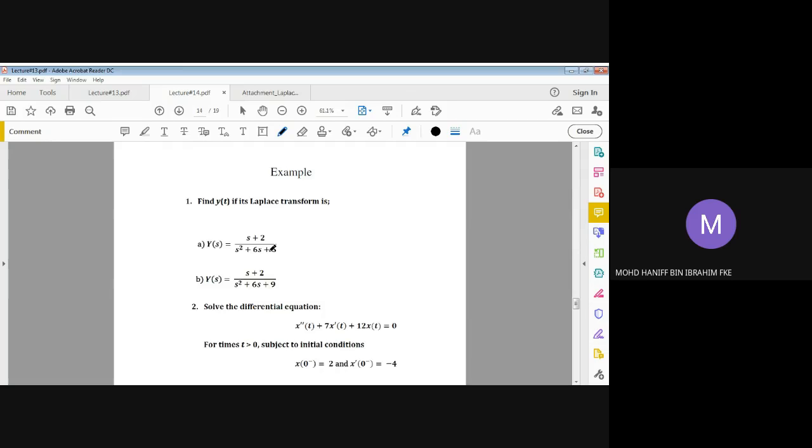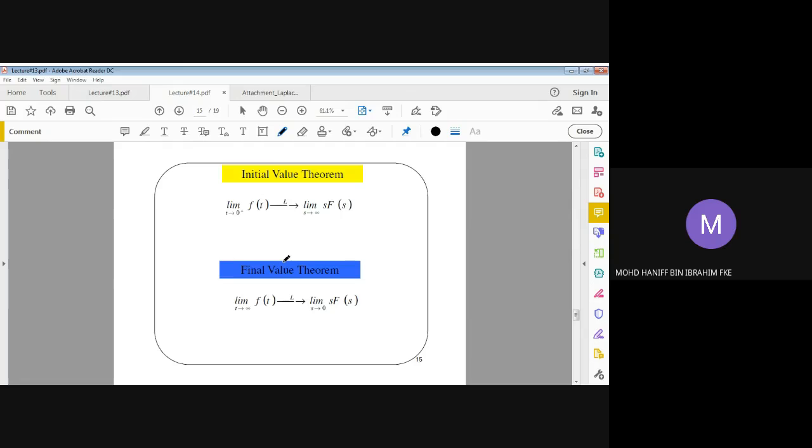Okay. So let us proceed with the next properties. That will be the properties of initial value theorem and the final value theorem, and this will be the last properties for the Laplace transformation. What is meant by initial value theorem and final value theorem?